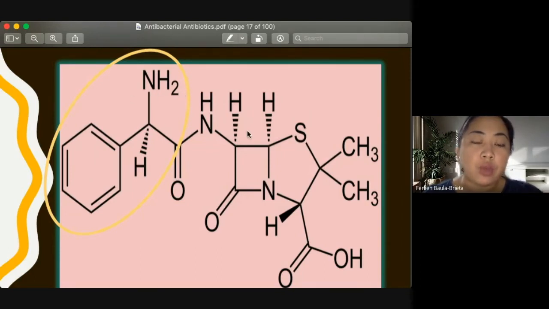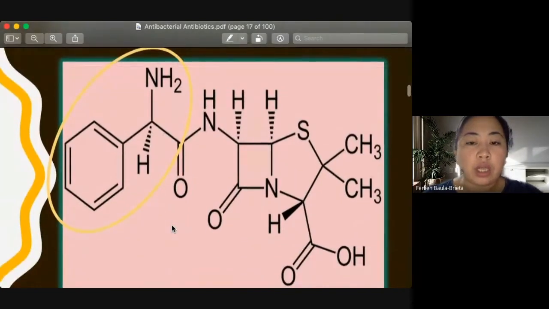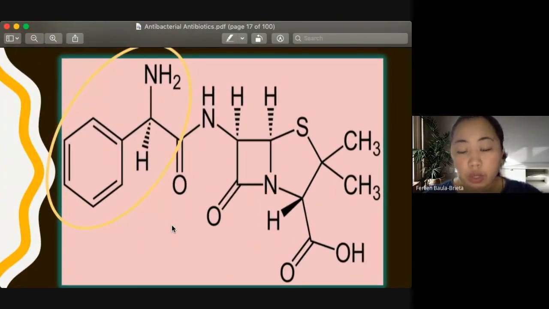So if we go back to our discussion here, a bulky group allows beta-lactamase resistance, and the presence of an amine allows oral administration. Just by looking at it, if I ask you what kind of drug this structure is, you will look at this ring and answer, it's a penicillin, a beta-lactam drug.